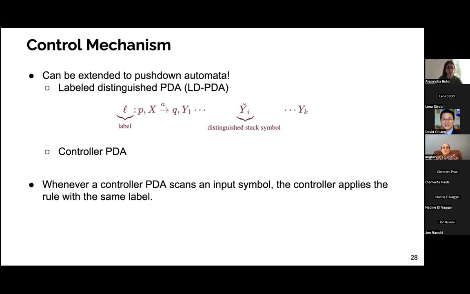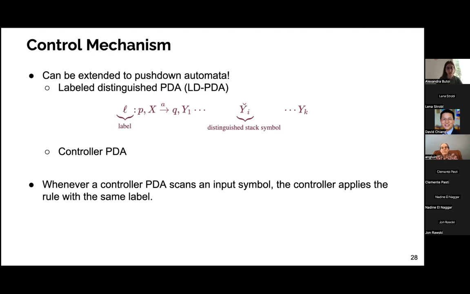And in our paper, we extended the control mechanism to pushdown automata. So we defined both controller PDAs and label distinguished PDAs, LPDAs, which have rules that resemble very closely the rules of the LDCFGs.